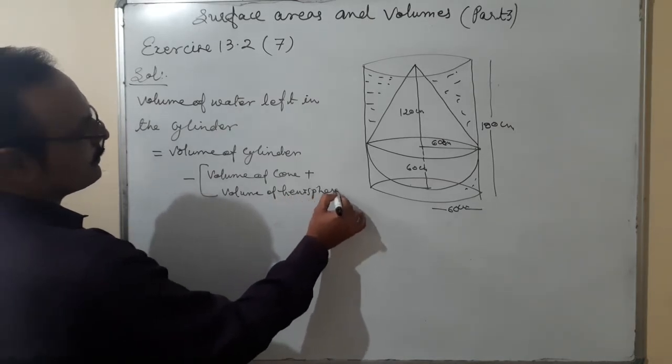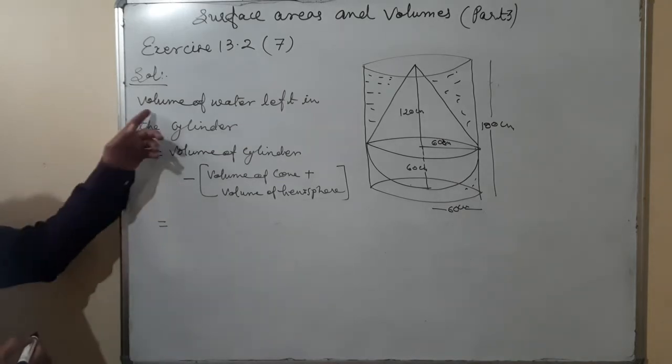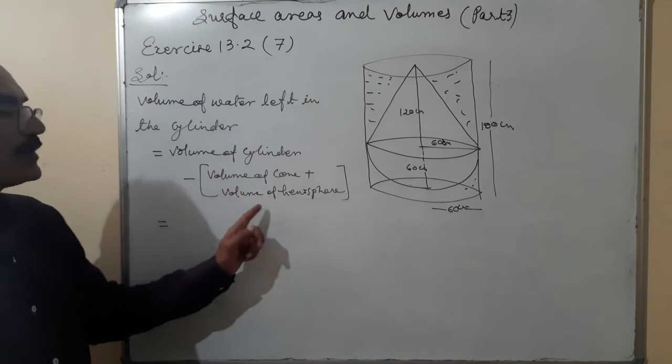Is it okay? Volume of water left in the cylinder is equal to volume of cylinder minus volume of cone plus volume of hemisphere.